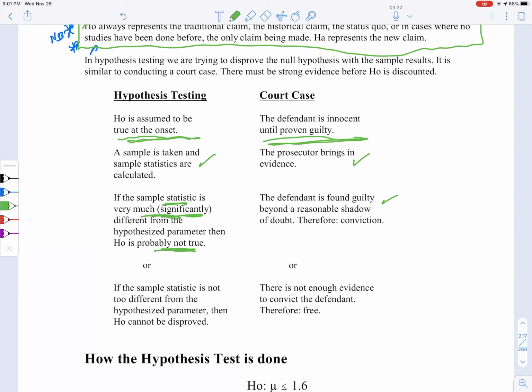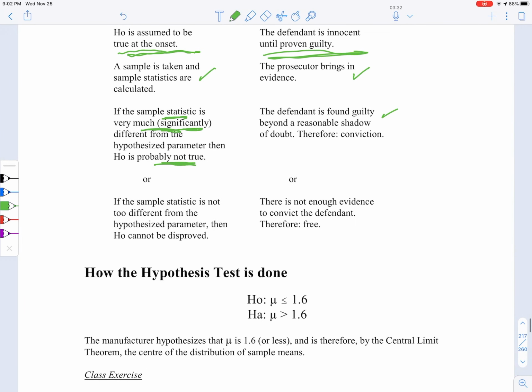And if our calculations show that it is, then we would reject the null hypothesis in favor of the alternative and conclude that H0, the null hypothesis, is probably not true. In our case with the nicotine, we would say that the manufacturer is probably not meeting the standard.